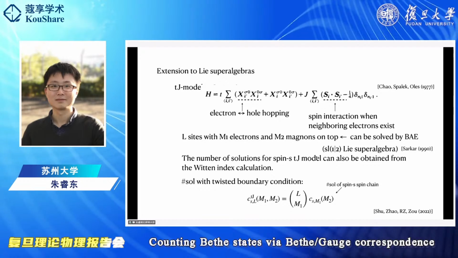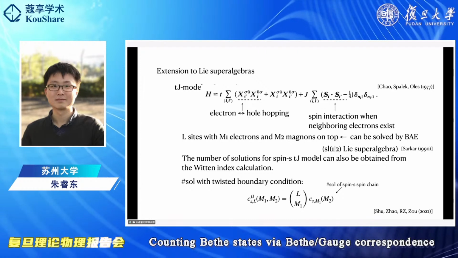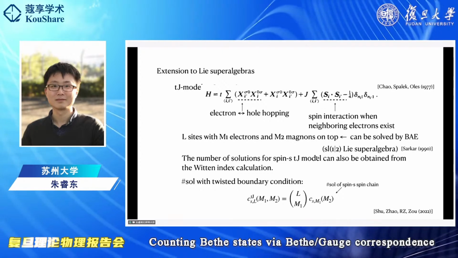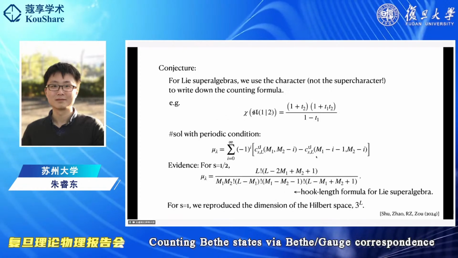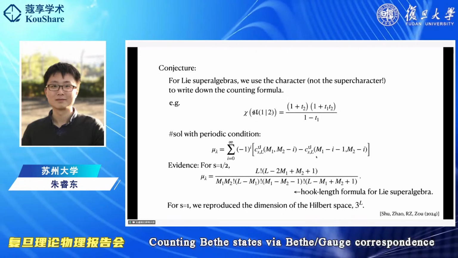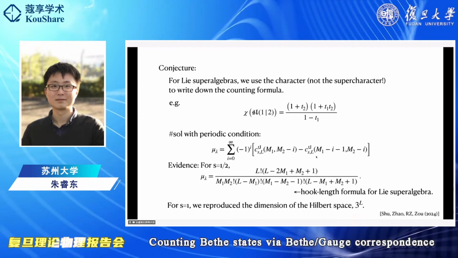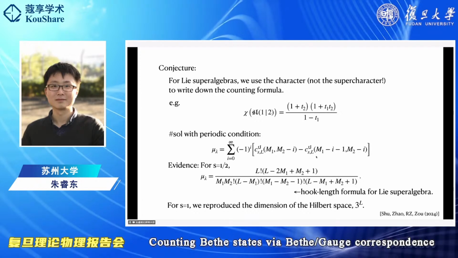This theory has an SL(1|2) Lie superalgebra symmetry. And using our way, we can also show that the number of states counted by the Witten index really gives the complete, well, it's still a conjecture, but in some simple cases we can really show that they give the full dimension of the Hilbert space.